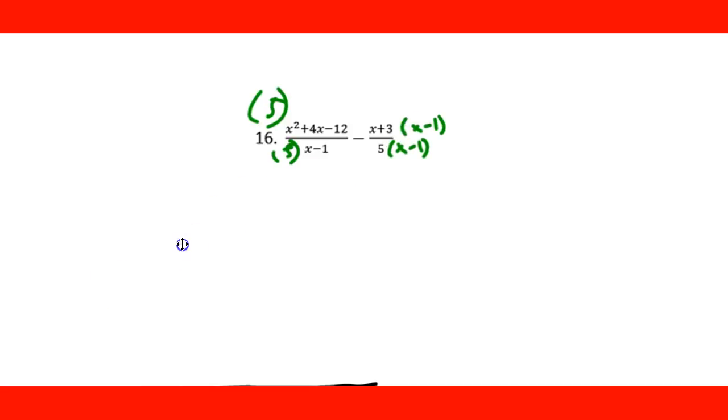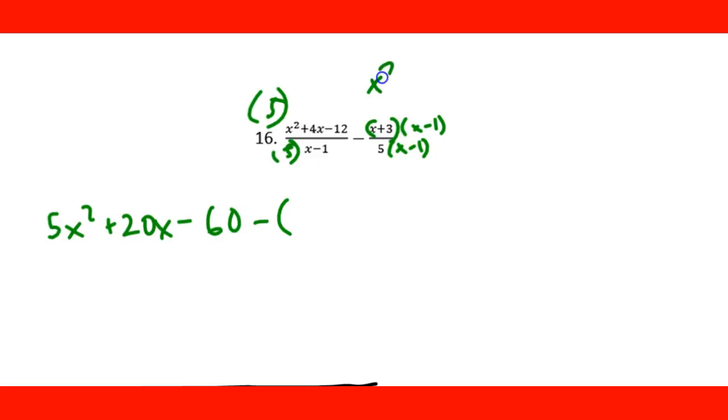All right. So now, right here, distribute the 5. Oh, I'm sorry, I've got to distribute the 5: 5x squared plus 20x minus 60. And then right here, I'm not going to touch that negative yet, but I'm going to FOIL these two. I'm going to put these in their own parentheses.